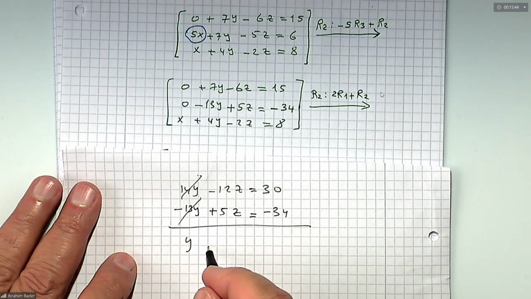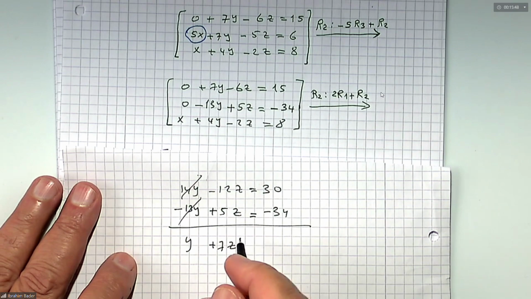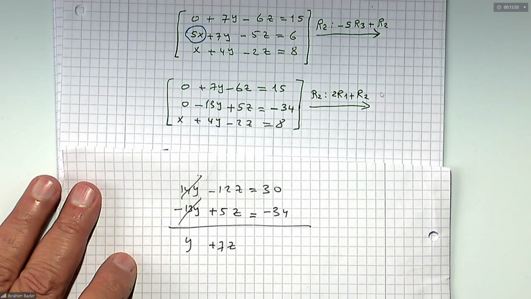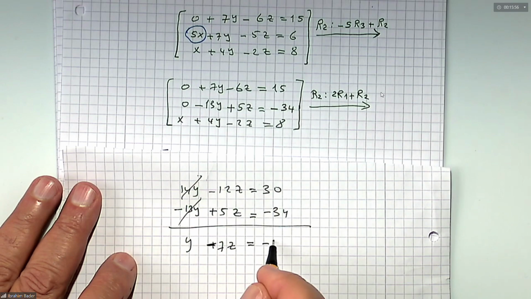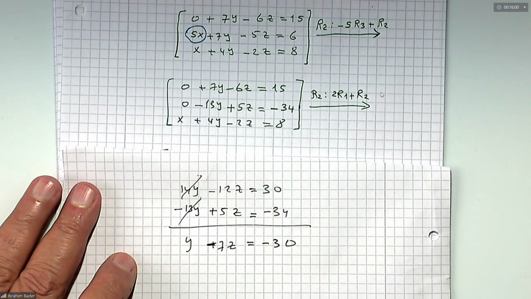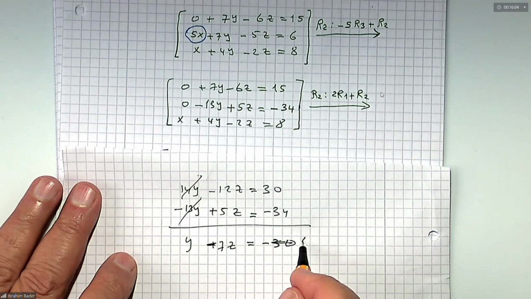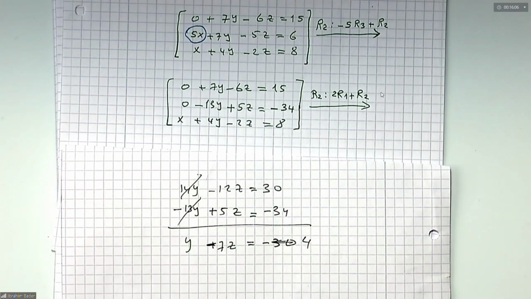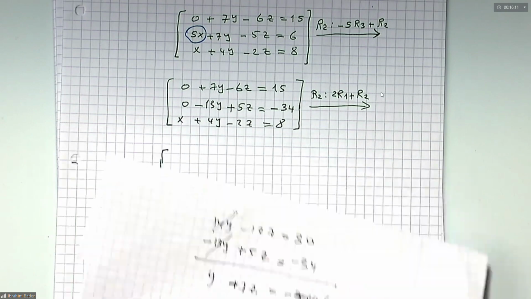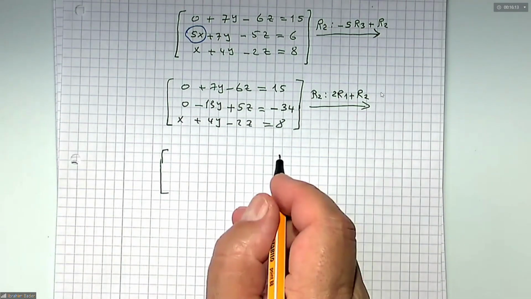Here you will be getting negative 7z, and here you get negative 4, because you add 30 to negative 34. So in this step, I got the following.